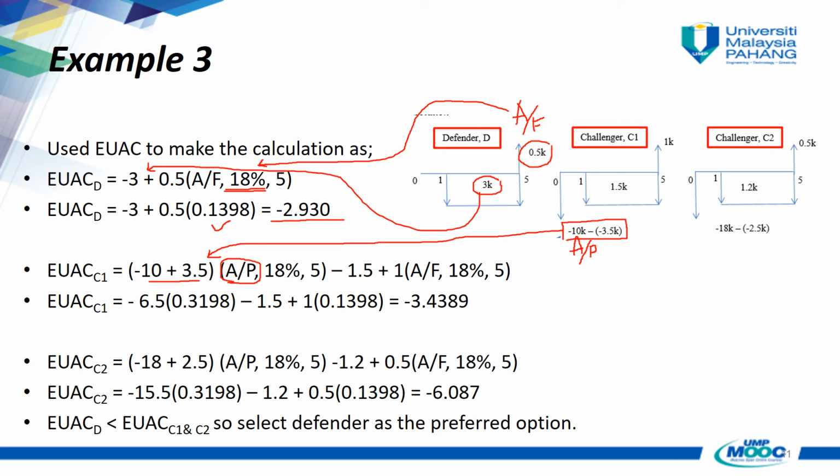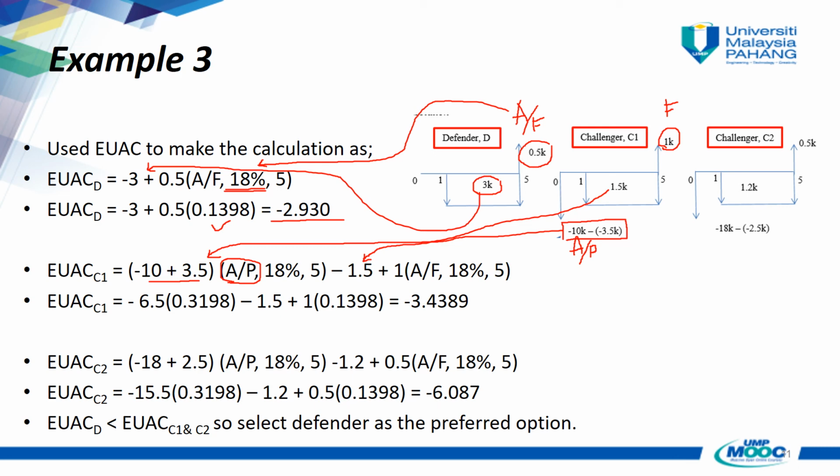And then we calculate directly. This is 1.5 in the form of A. No need to transform it because it is already in the form of per annum. However, this 1000 here is in the form of F, the future value, because it will happen only after 5 years.